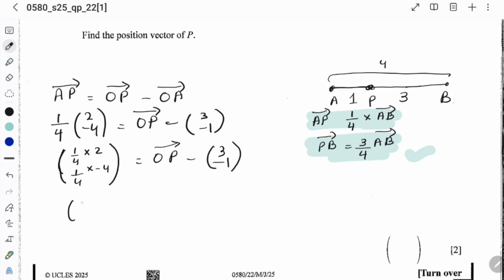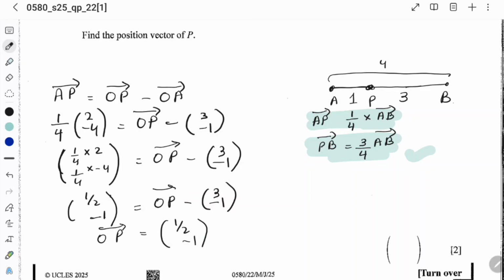So 2 upon 4 is half, and that is equal to minus 1. Now OP is equal to half minus 1, and then minus 3 minus 1 will become plus 3, and then minus 1.